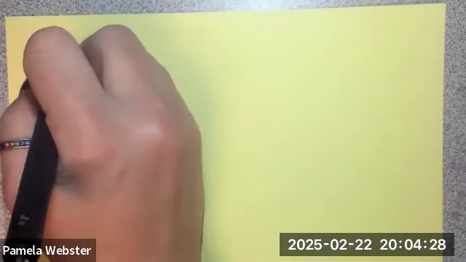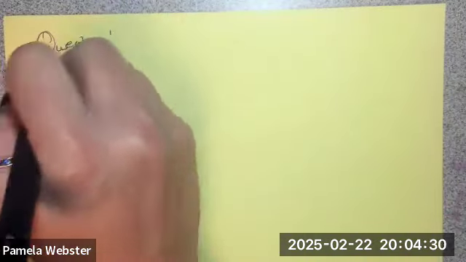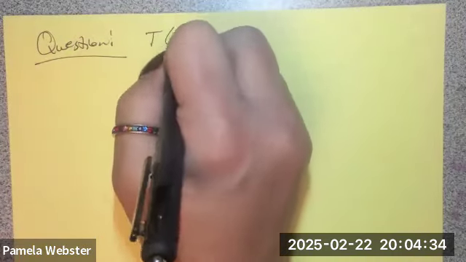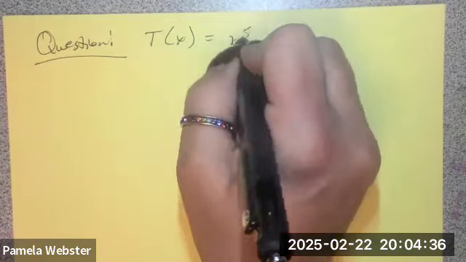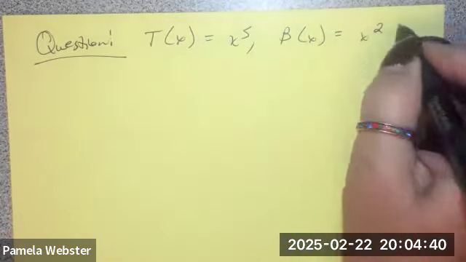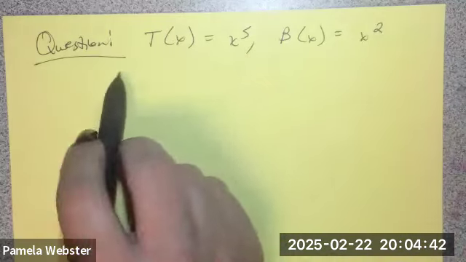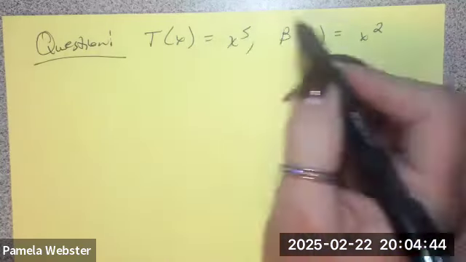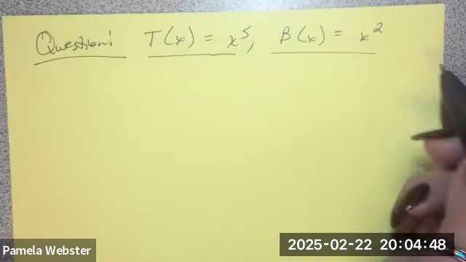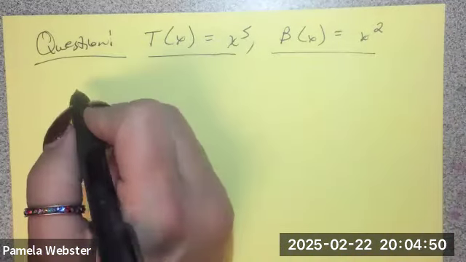We're given capital T of x equals x to the fifth. Capital B of x equals x squared. Okay. And they actually are using these variables because it's going to be the top guy and the bottom guy, because we're going into a quotient rule.